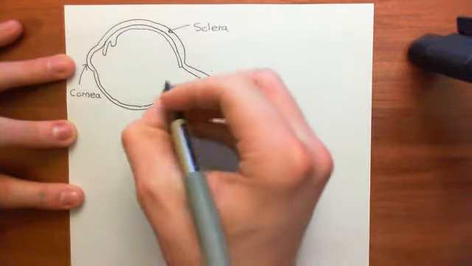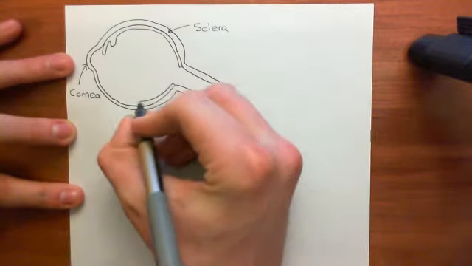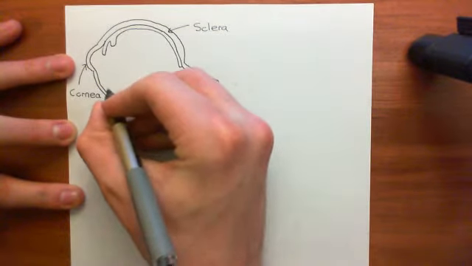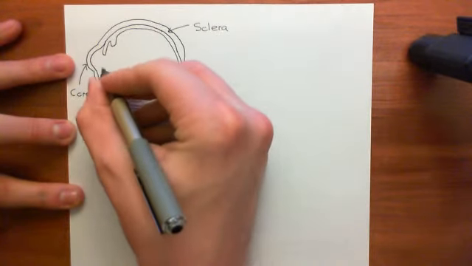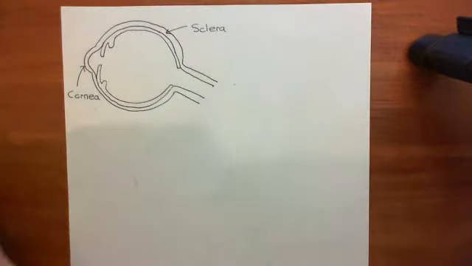Now we just need to draw the opposite side as well. So here, this is the choroid coming forward, and I want to get the ciliary body at the same point. So here's the ciliary body, and then the iris once again moves forward to have a gap in between them, which is known as the pupil.